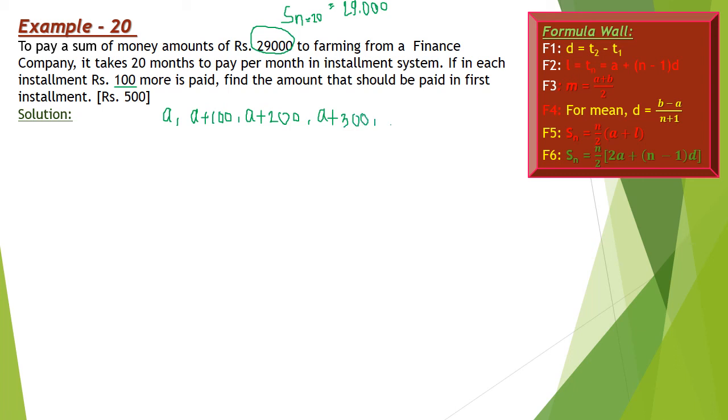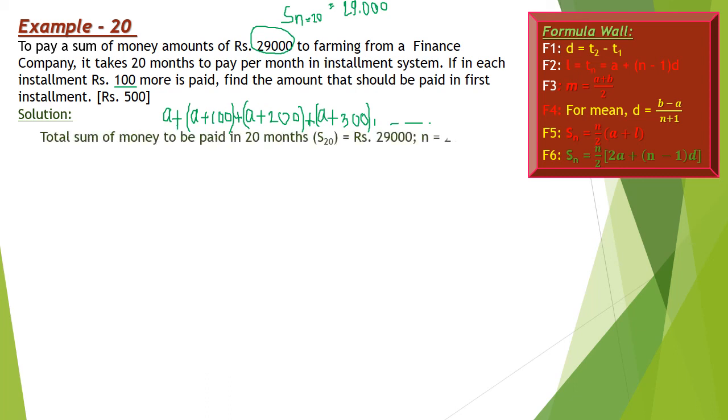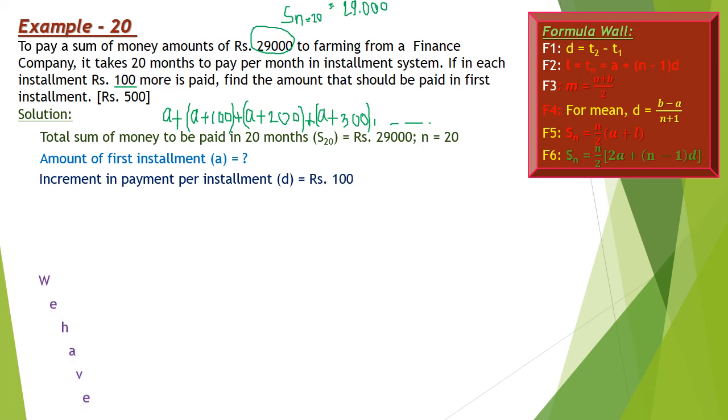It is a series, so we write plus signs between the bracketed terms. Now this is the series. We have to find the value of A. So the total money to be paid in 20 months, that is S20, is equal to 29,000, and N is equal to 20. The amount of the first installment is A. The increment in payment per installment, that is 100, we know.